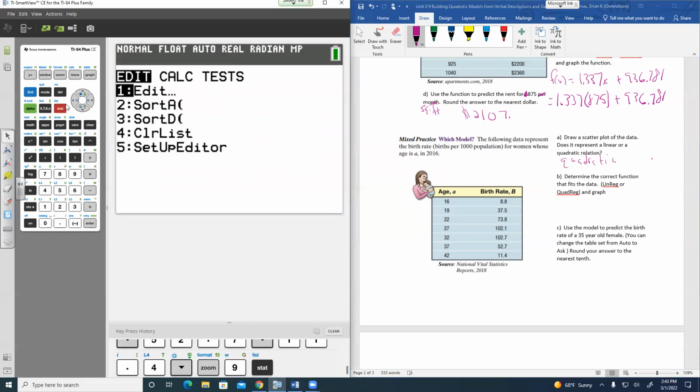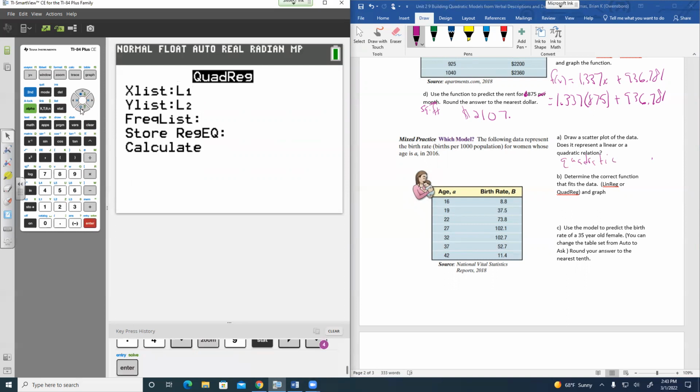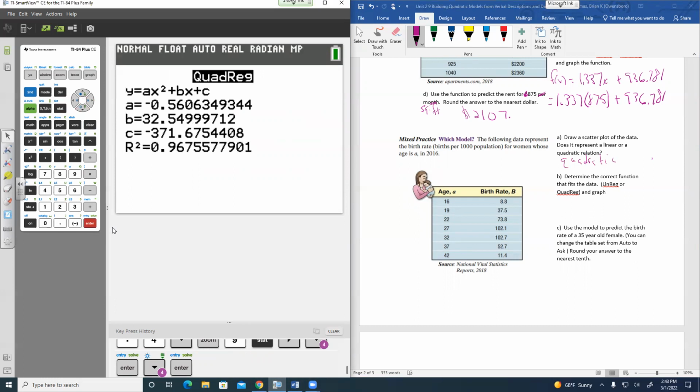So if we go to stat, go to the right, go down to quad regression, it'll give us that A, B, and C, which are going to be the values that we will use to create the quadratic function. So yeah, we're going to L1, L2, all that stuff stays the same. So I'm just going to make a note down here. A is negative 0.561 if I round to 3 decimal places.